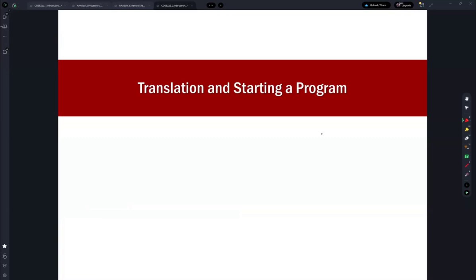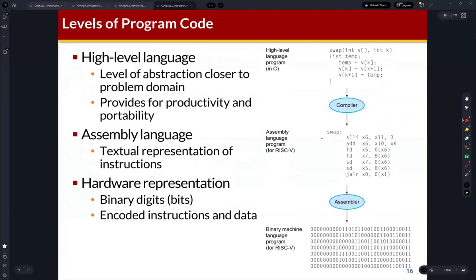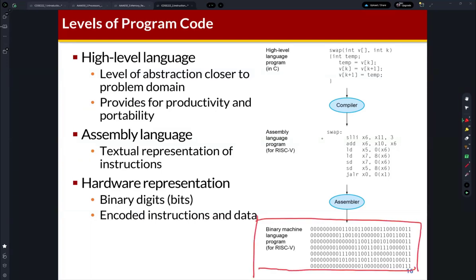Then let's learn how a program is executed in a CPU. As I mentioned, CPUs cannot understand high-level language code, so the high-level language code needs to be translated. The CPUs can only understand digital signals, 0 and 1.